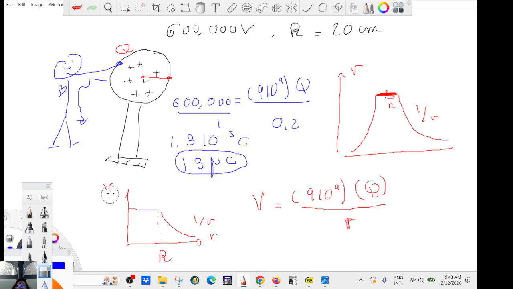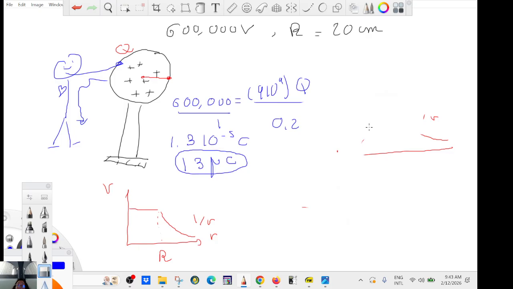Now the interesting thing I told you is that the electric field is 1 over r squared, right? So if you are looking at the electric field at a distance of r, inside, what's the electric field inside? 0, right?